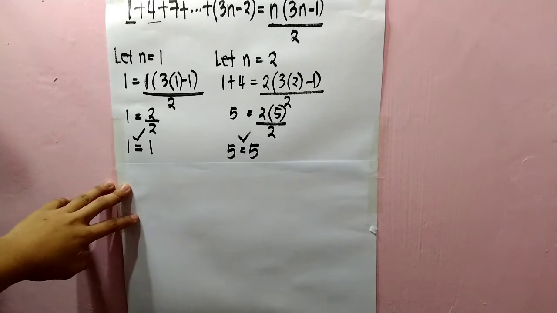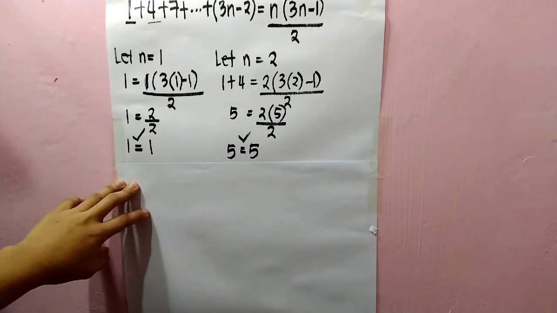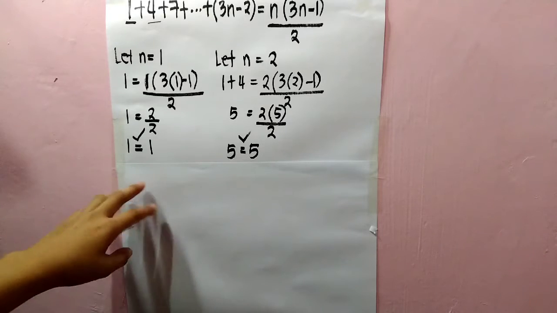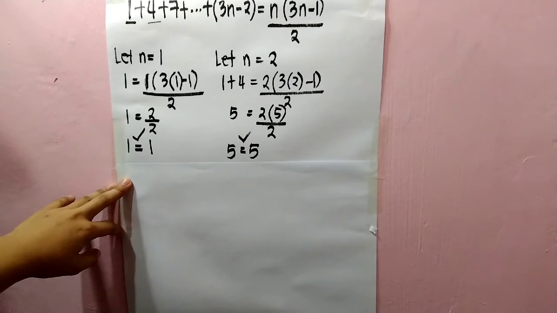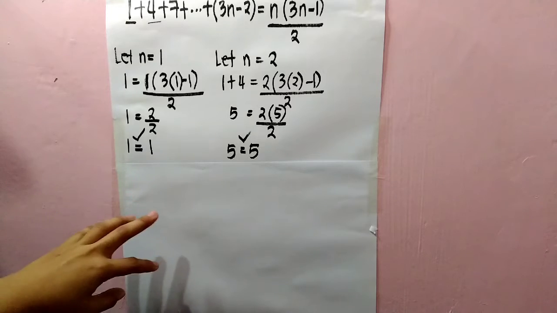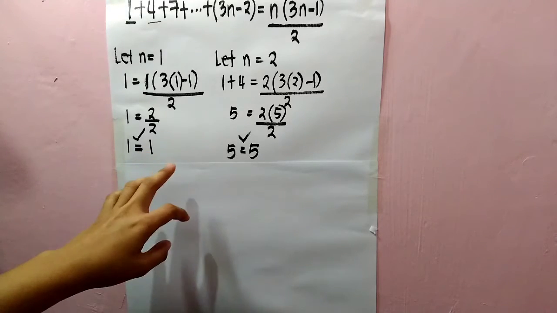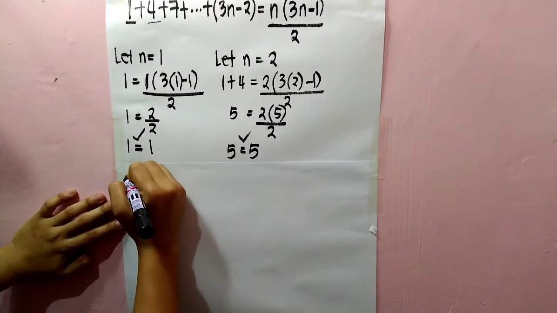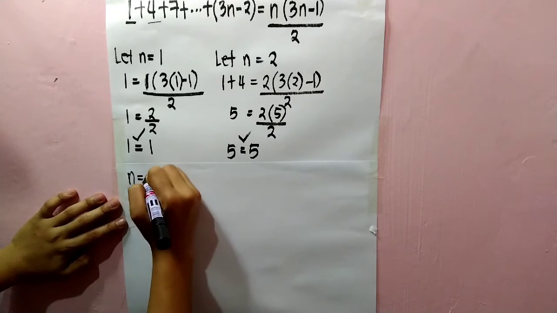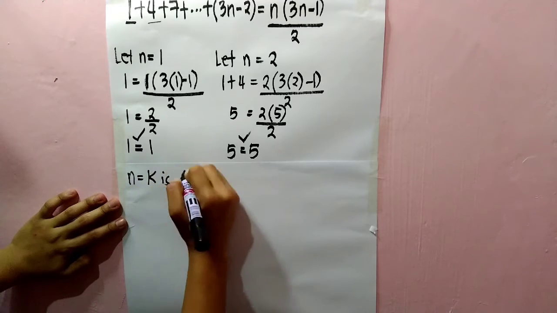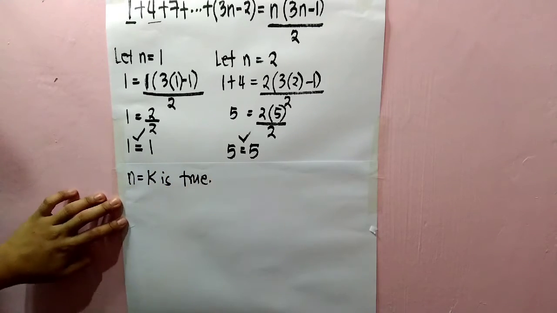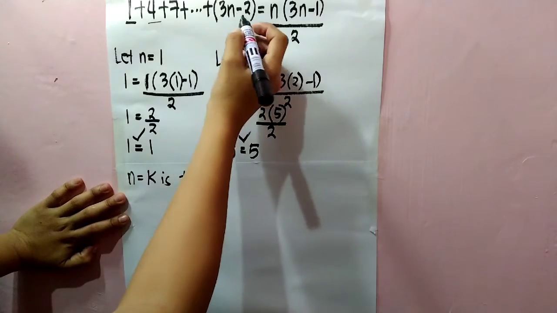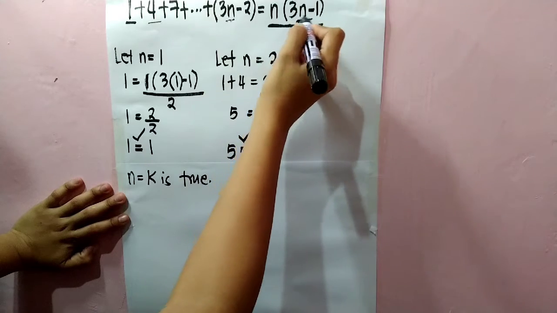So for the second step, the inductive step, we prove that n equals k, and the next one, n equals k plus 1, is true. So we will assume that n equals k is true. We will substitute n to k.